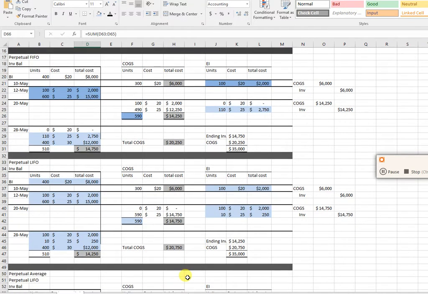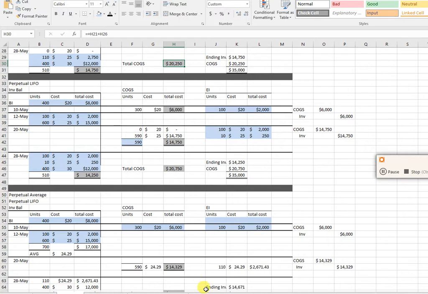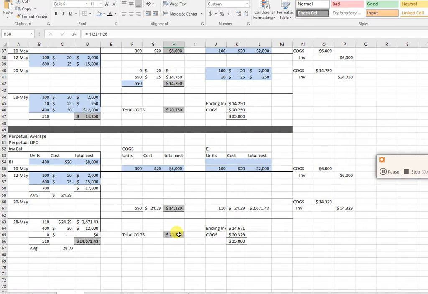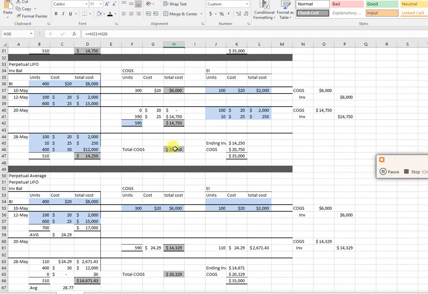The one with the highest amount of costs is the 20,750, compared to the 20,250, compared to the 20,329. So right here is my highest number, and that is LIFO. LIFO always has sold the most expensive products, the bottom ones. So it will have the most costs and therefore the lowest net income.